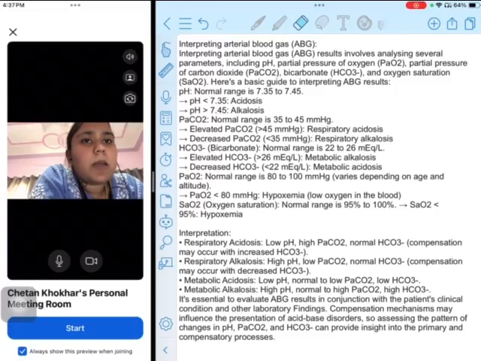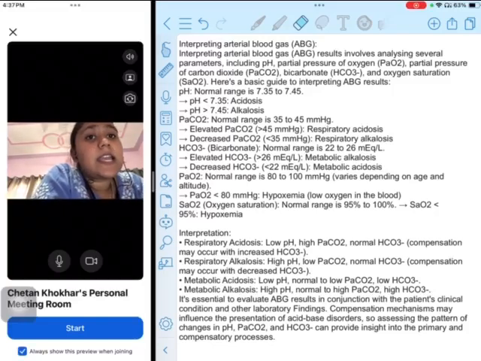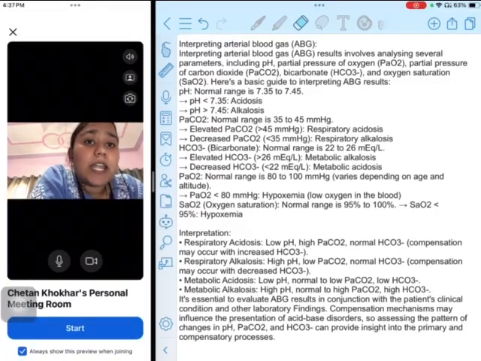So you will say, ma'am, the bicarbonate level is normal. So what does the ABG interpret? The ABG interprets that the patient is going into respiratory acidosis and it is not compensated. What does compensation mean? It means that the value of bicarbonate is not changing to normalize the value of carbon dioxide.